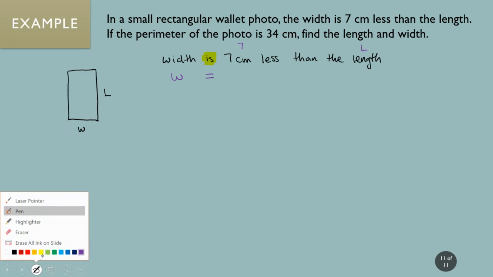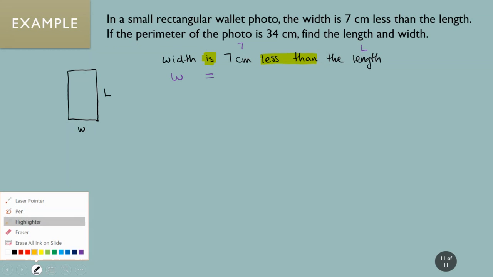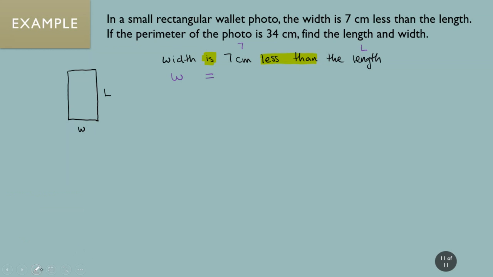Now the tricky thing is when you have equations and you have something that's less than, that tells you that you're flip-flopping the order. We're subtracting. And so the way I like to think about this is I see the word than, and I make the word than a plus symbol. So I have plus L. And then the word less is going to tell me that I have a negative.